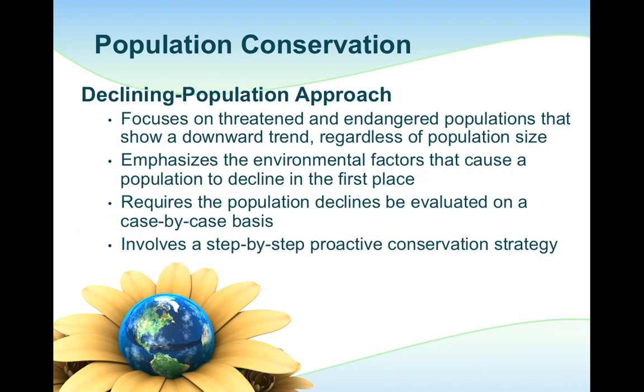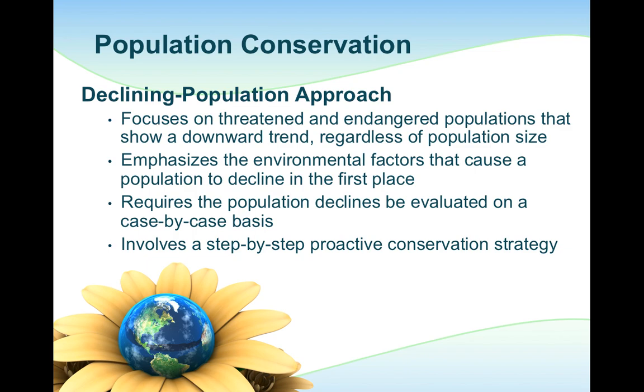We can also take a look at it from another standpoint and talk about the declining population approach, where the focus is more on populations that we already know are threatened and endangered, but the population size doesn't really seem to have as big of an impact as it might in the small population approach.